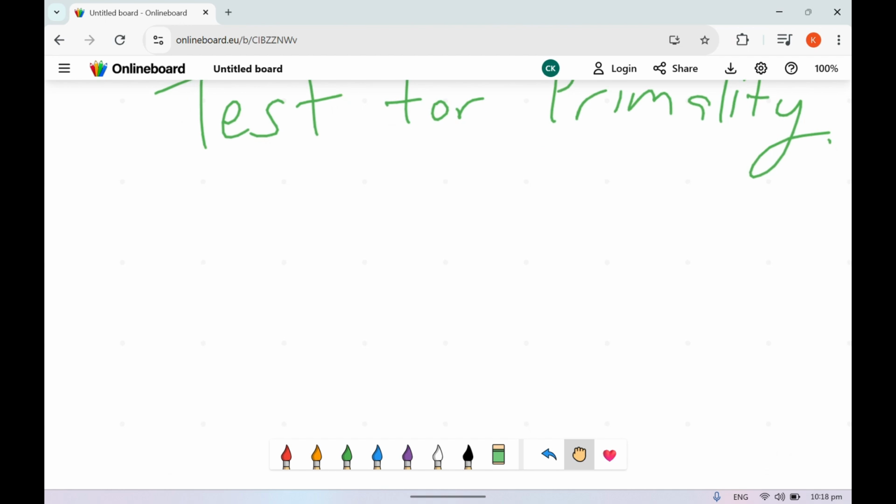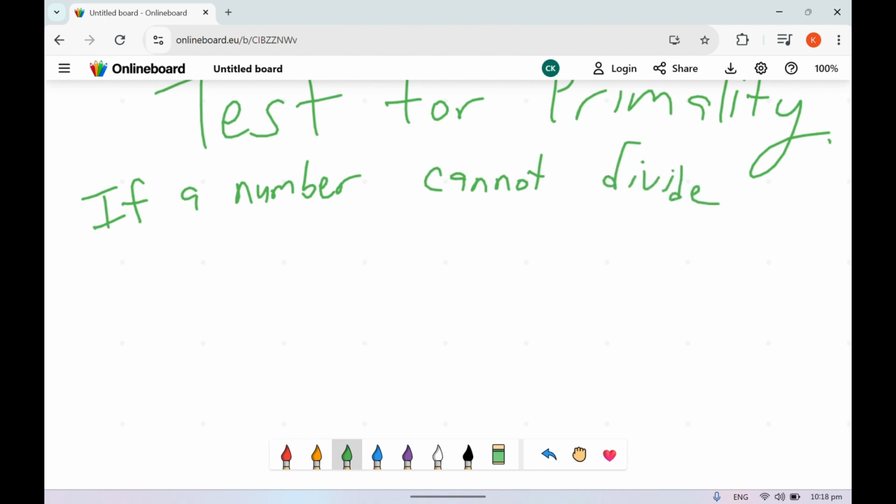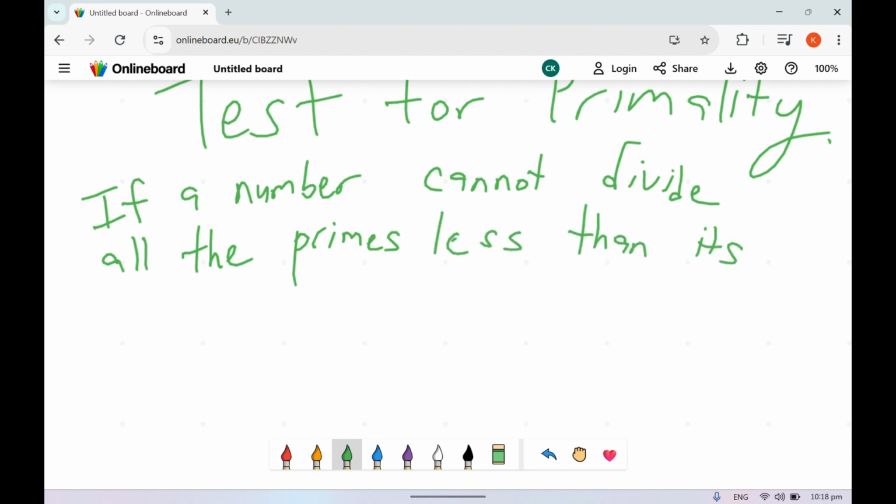The method states that if a number cannot divide all the primes less than its square root, it is prime.